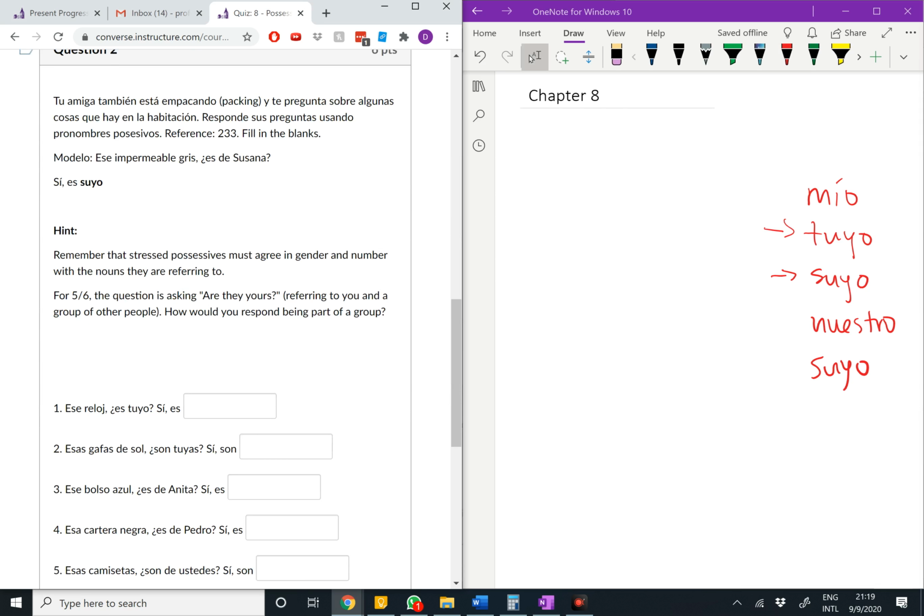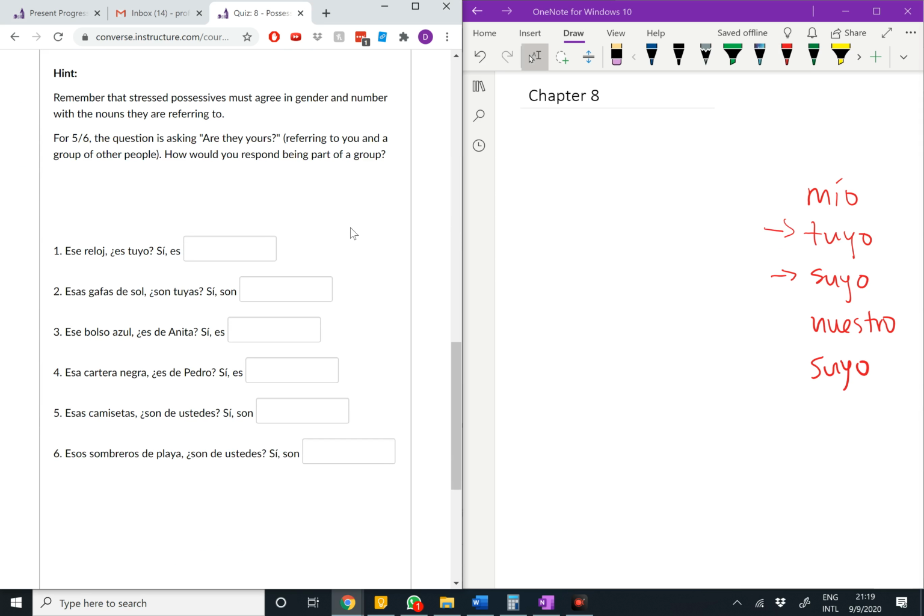The next question, which I also failed to number, is in the form of a conversation. Ese reloj, es tuyo? And then the response: yes, this watch, is it yours? Yes, it is mine, right? So we know we're going to go with mío. Then we have to look back to the noun. Reloj, masculine or feminine? Masculine. Singular or plural?